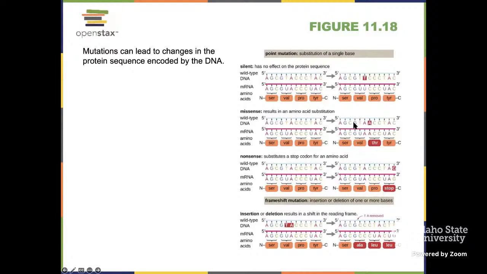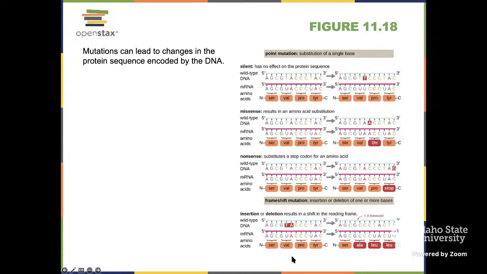So up above, it's just a base that's getting substituted for something else. And here, we're adding or removing. And that ultimately sets the stage for everything after the point of that problem to be changed. Instead of just a single situation, you see all of these that are now different at this point.